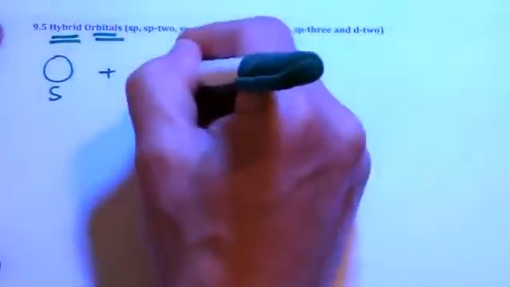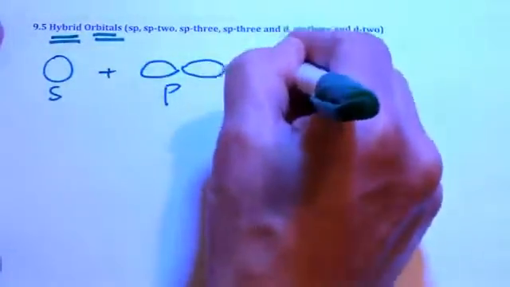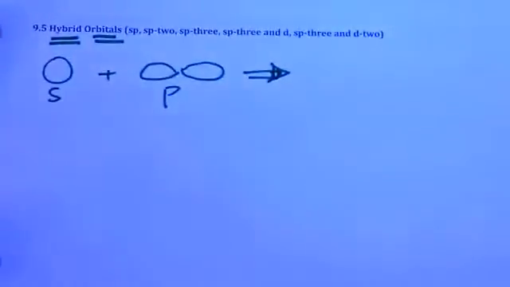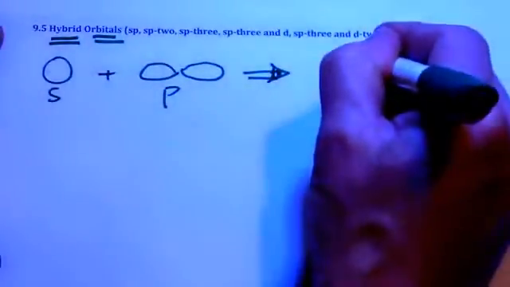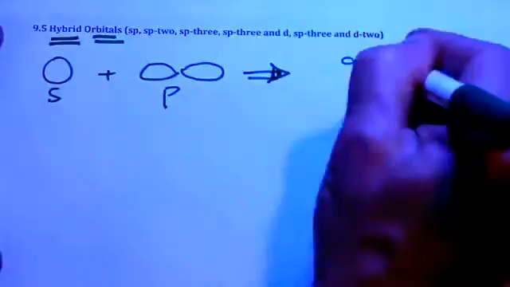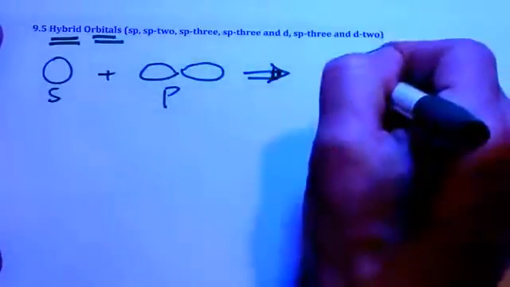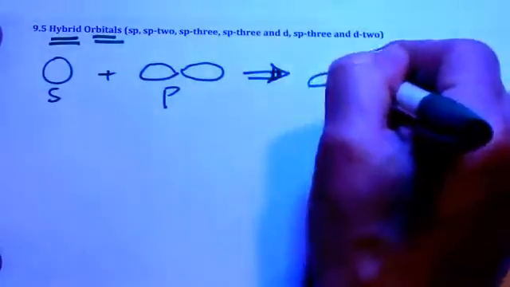And so we take an s orbital and a p orbital. I'm going to do my best in drawing this p orbital. Remember, it looks kind of like a dumbbell right here. And we shove them together. And when we do that, we get an orbital that looks something like this, and then an orbital that looks something like this.